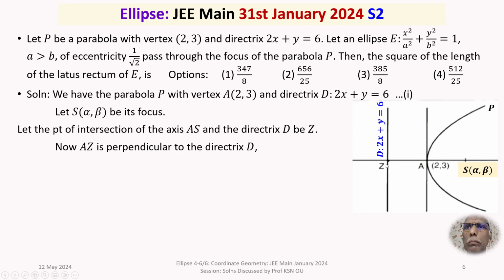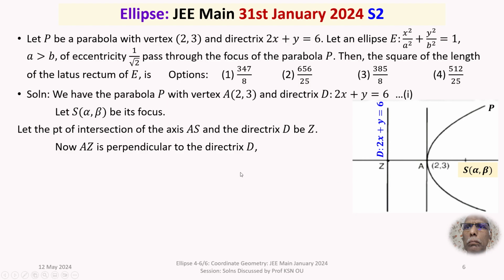Now AZ is perpendicular to the directrix D. We want to write the equation of AS. To write the equation of AS, it is passing through A (2, 3). If I know the slope of AS, then I can write down the equation of AS.